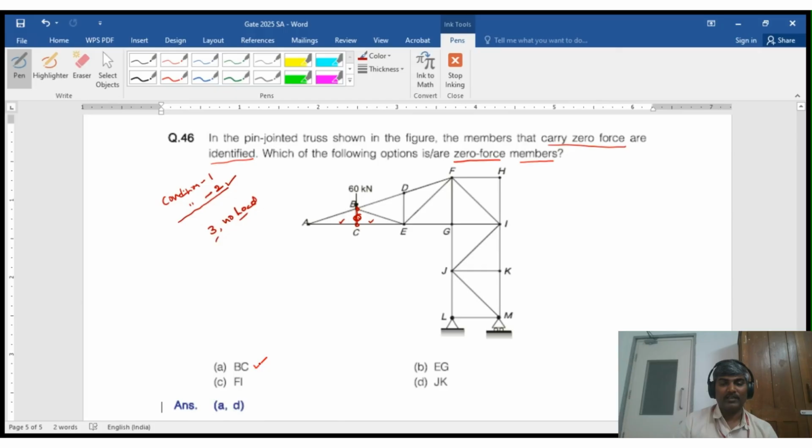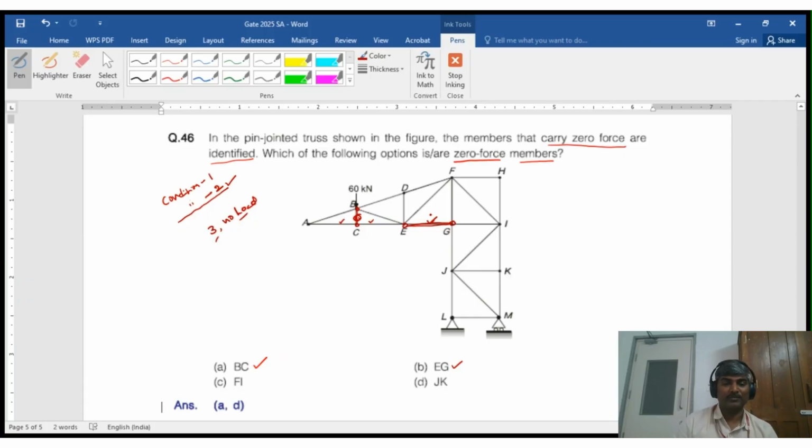Now coming to EG, this member here. Now you see joint E or joint G, there is no condition that you can apply here because the members are neither 2 nor 3. Same here, there are four members at this joint, and there is no such condition for four members.